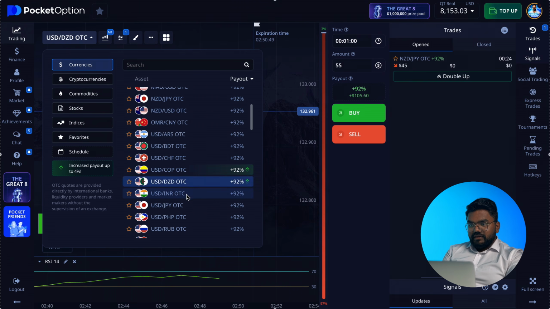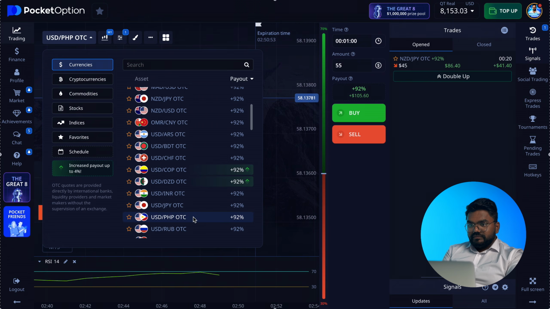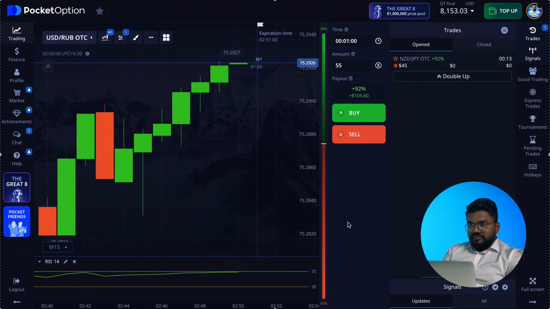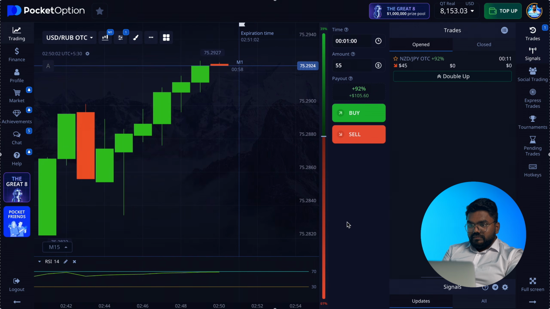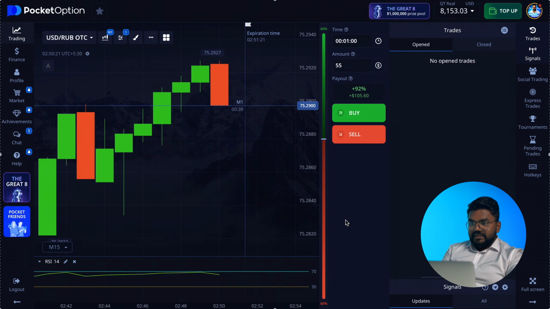No, this can be counted as oversold. Okay, so the price has been moving down. So the market may fall right now. Wait for the perfect time, guys.